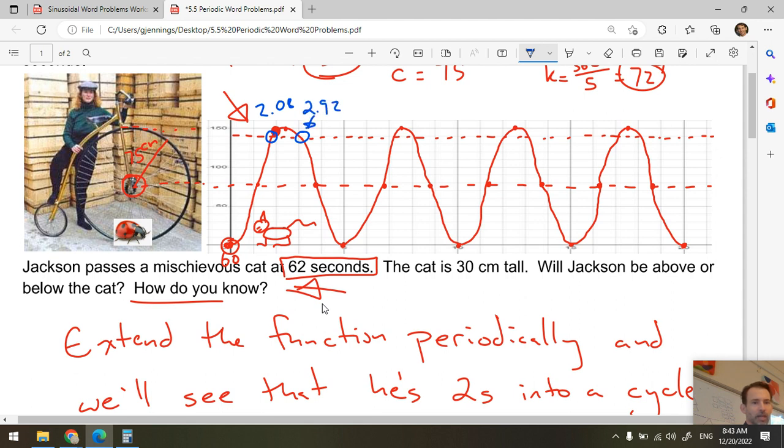Just add 5 to that one to get the next one. So the next ones will be at 7.08 and 7.92. The ones after that will be at 12.08 and 12.92, and then 17.08 and 17.92.